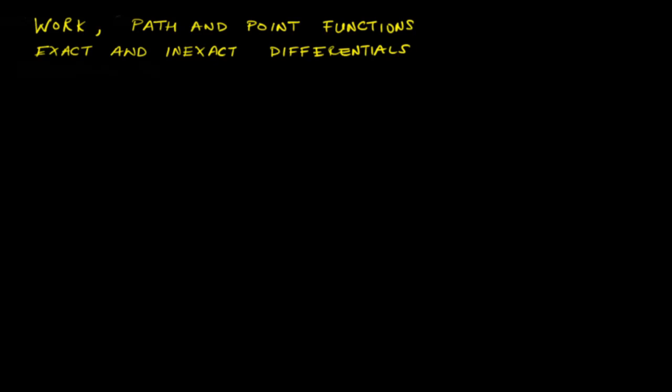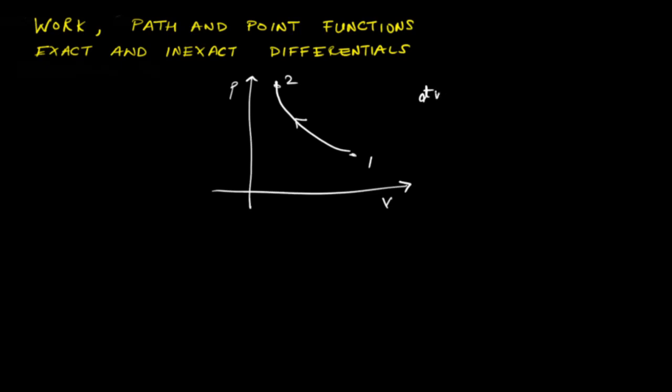For example, if you have a gas in a cylinder piston arrangement that is compressed from state 1 to state 2 through a quasi-equilibrium process, then we have seen that the work done dW on the system is given by minus PdV, and this is the differential work, and the total work is given by this equation.